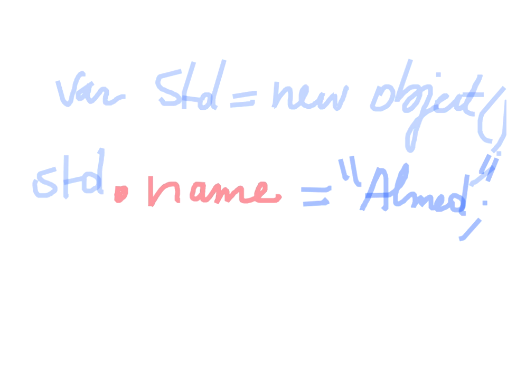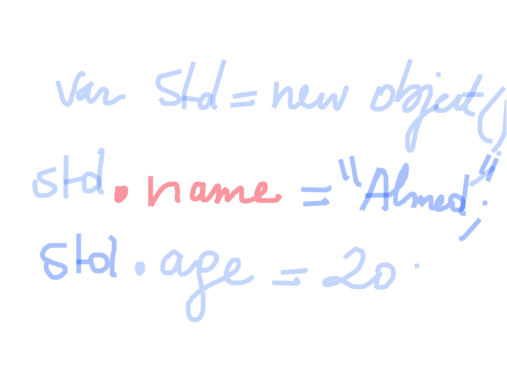After that, I want to add another property: student.age equal 20. This is another property. But I want to remove this property.